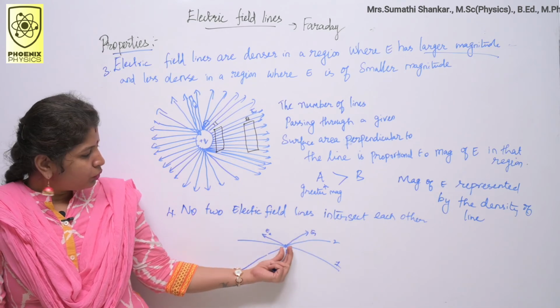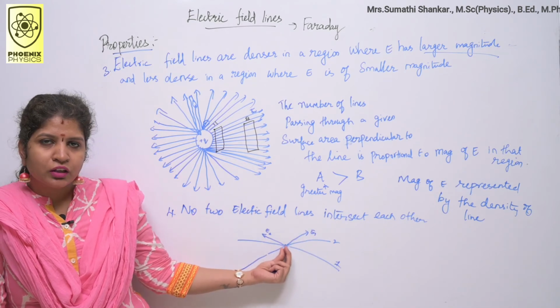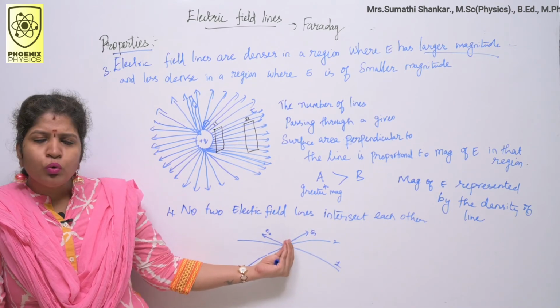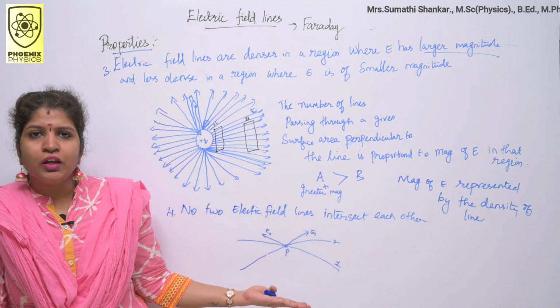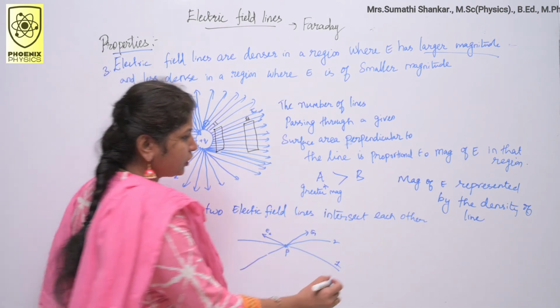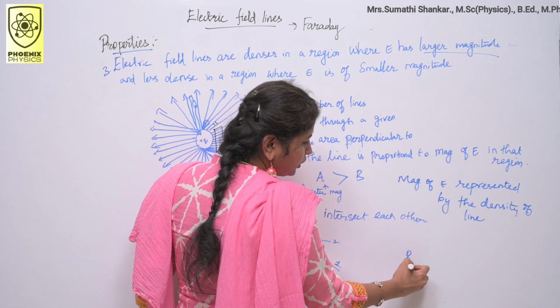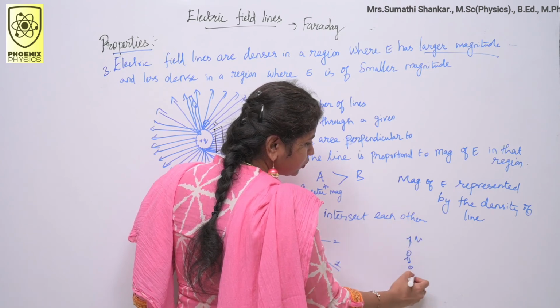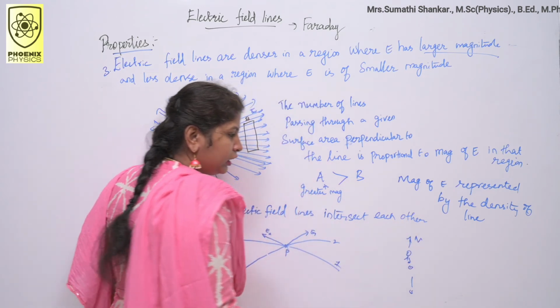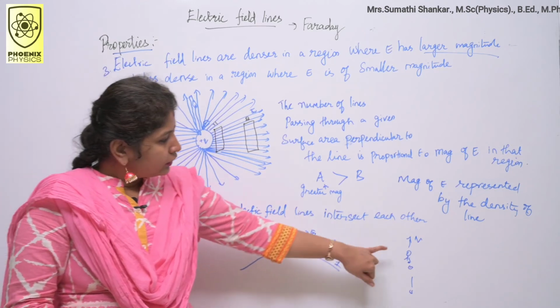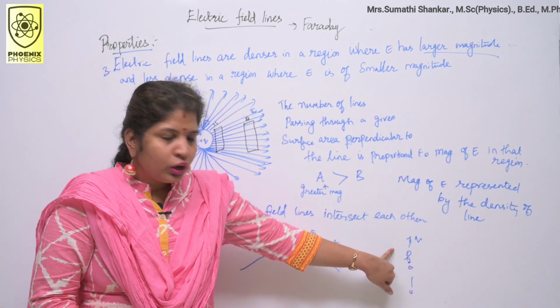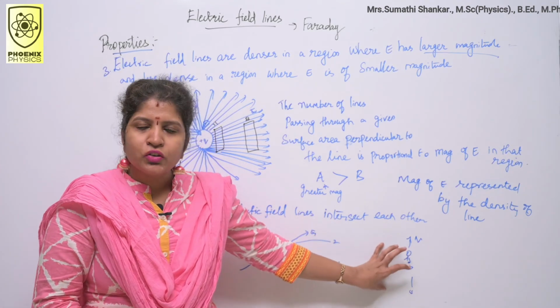Here suppose if you place one charge, will it move in both directions at the same time? For example, say here the person is standing at point O. This is north direction and this is south direction. Can the person move in both directions at the same time?